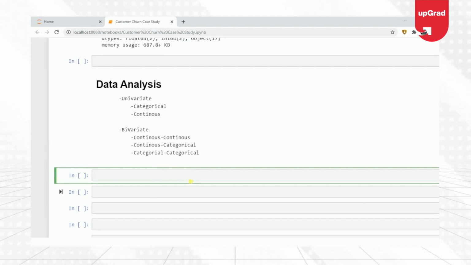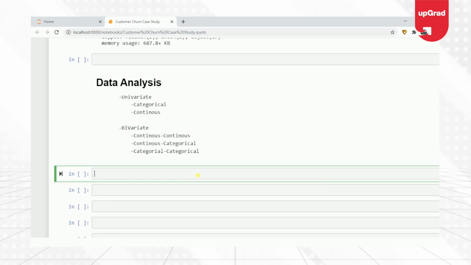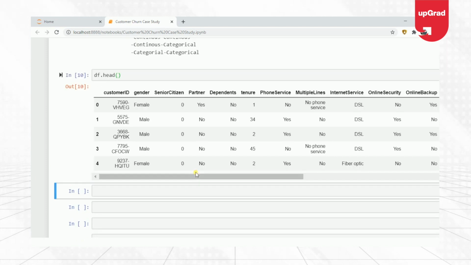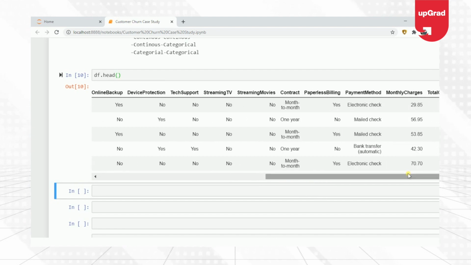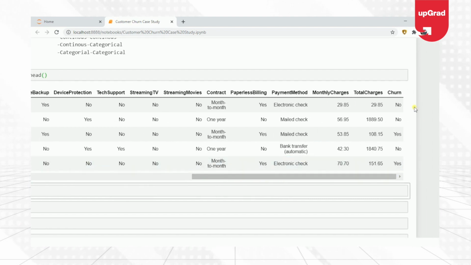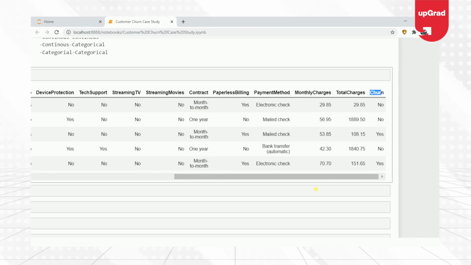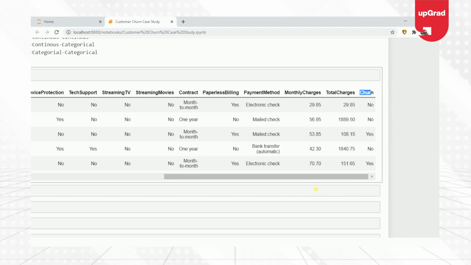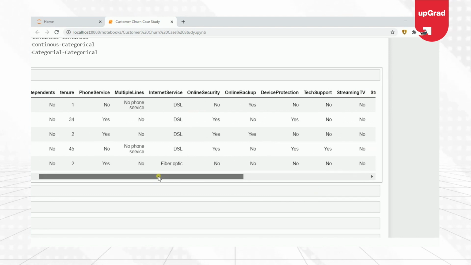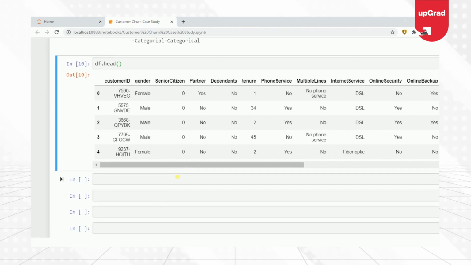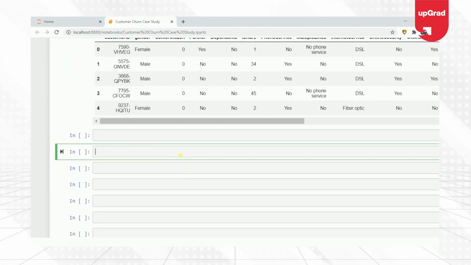Let us try to analyze the customer churning from the given data frame. The strategy we'll be following is partitioning the data based on churning. We are going to create two data frames. One data frame is going to contain the data for customers who have not churned, and another has the details of the people who have churned from the telecom provider.